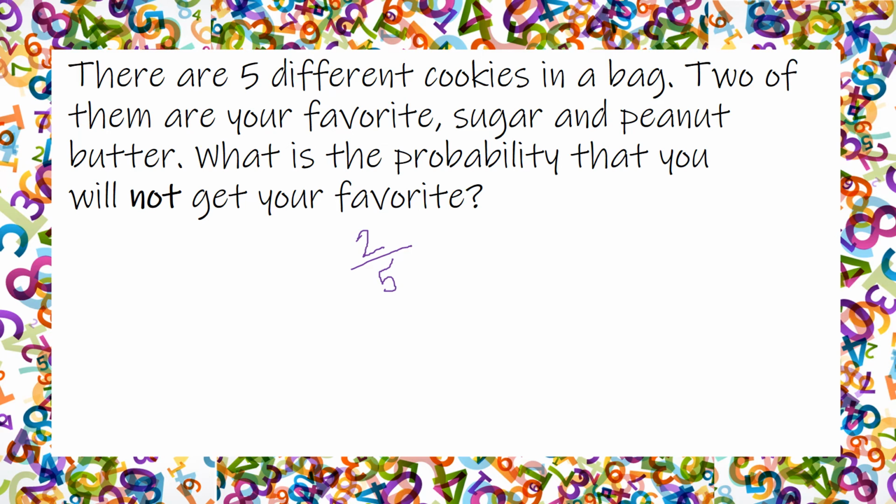So how many of those kinds are not your favorite? Well, if 2 are your favorite, there are 3 left in that bag that are not your favorite out of 5 total. So 3 out of 5 is you will not get your favorite.